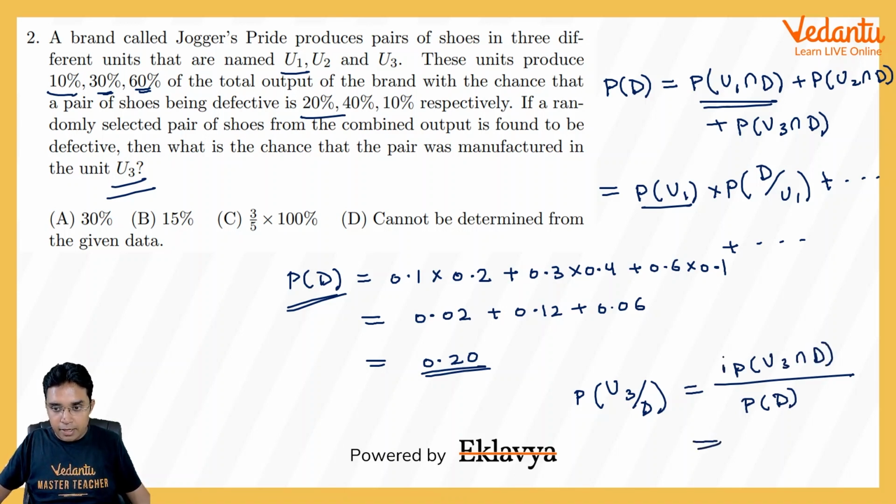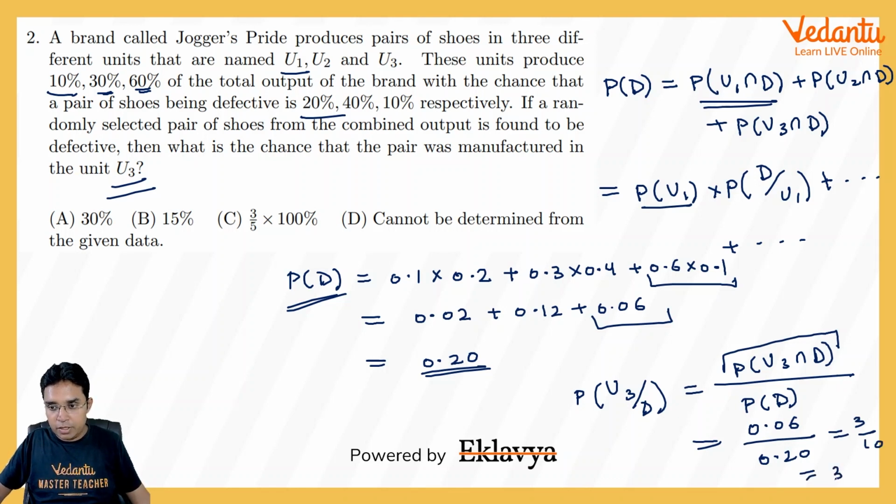This thing here is nothing but 0.6 into 0.1, or 0.06, and the probability of defective is 0.20. So this becomes 3 upon 10, which I can write as 30% also. So the answer for this will be A. Okay, an easy question, a little bit of calculation, but easy.